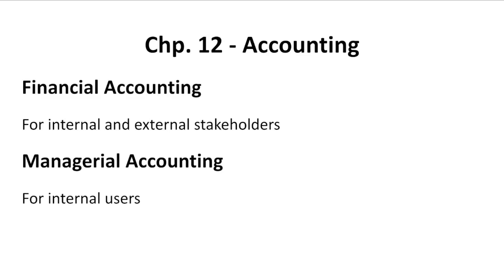In accounting, we think about two broad sub-disciplines. I mean, accounting is huge. It includes tax and audit. And primarily in the corporate world, we think about financial and managerial accounting. The difference hinges on who we're trying to serve. In financial accounting, we're thinking about external users of the financial statements.